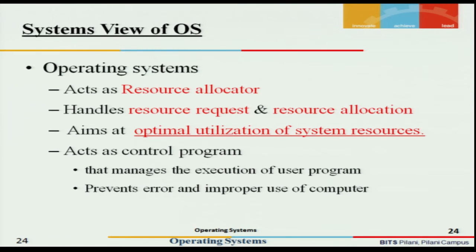For example, to see what we mean by optimal utilization of system resources, let us assume that there is a program which requires a hard disk, a tape drive, and a printer. Let's assume that the data is residing on a hard disk.